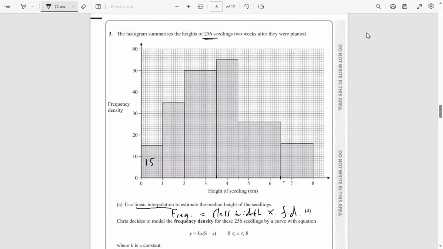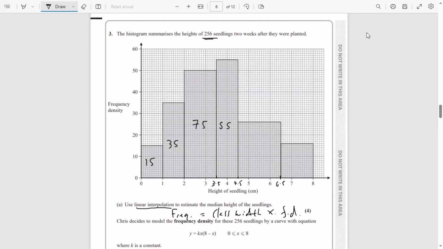Same thing with the next, 1 to 2: a base of 1 and a height of 35, so 1 times 35 is 35. The next one goes from 2 to 3.5, so we've got a class width of 1.5 times 50, which is 75. Then the class width going from 3.5 to 4.5 is 1, and the height in this case is 55, isn't it? Yes, 55 there. Then the next one goes from 4.5 to 6.5, so the class width is 2.